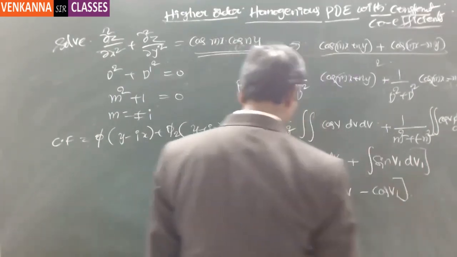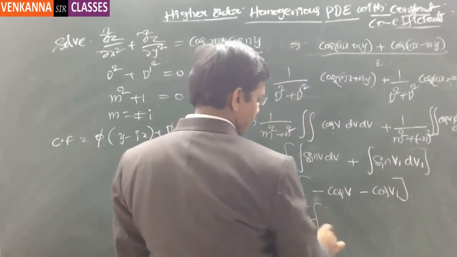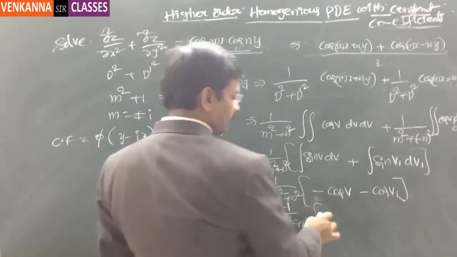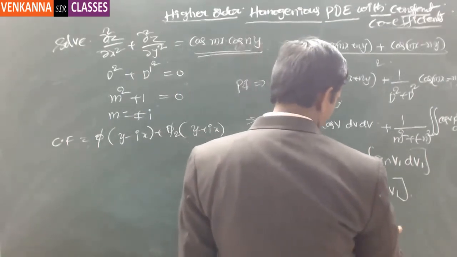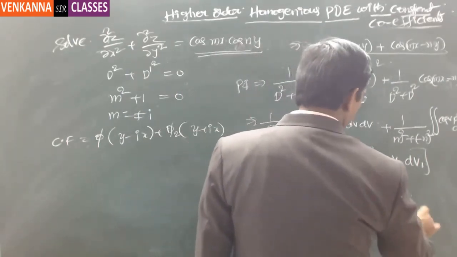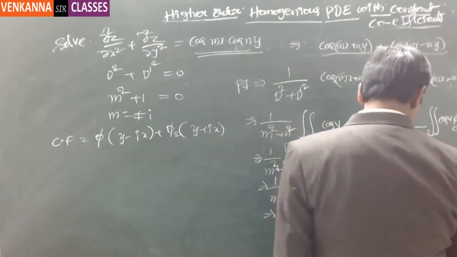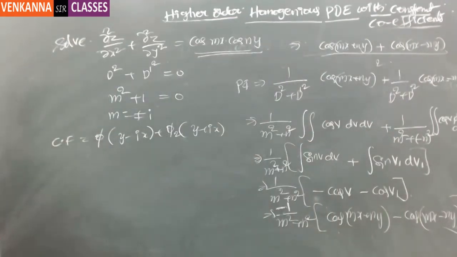So this is the particular integral. You can substitute the values, take minus 1 out, and then cos of (mx plus ny) minus cos of (mx minus ny). So this is the particular integral. Got it? Understood?